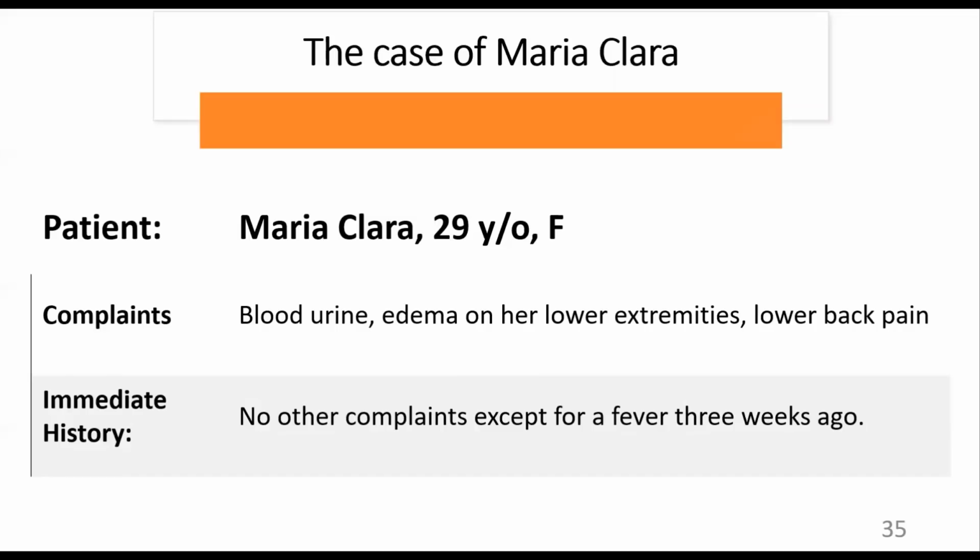And 1,600 for an adult is already considered significant. So therefore, the doctor can now conclude that Maria Clara's case is post-streptococcal glomerulonephritis. But the doctor can order additional tests such as anti-DNase in order to really confirm that Maria Clara's glomerulonephritis is consequent to streptococcal infection.